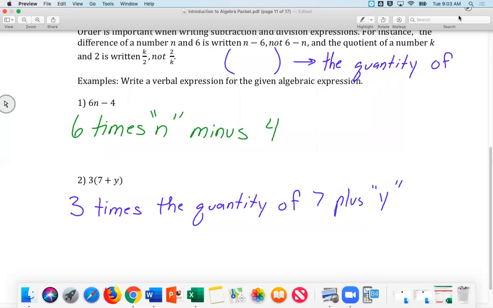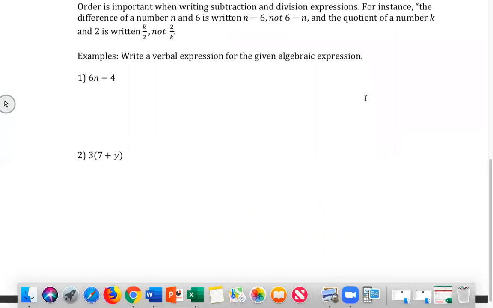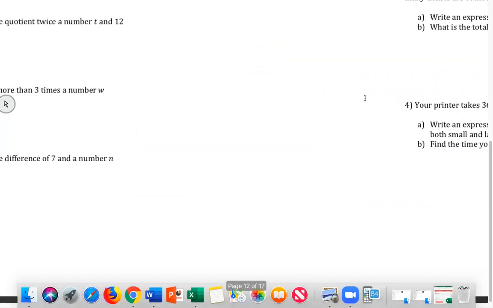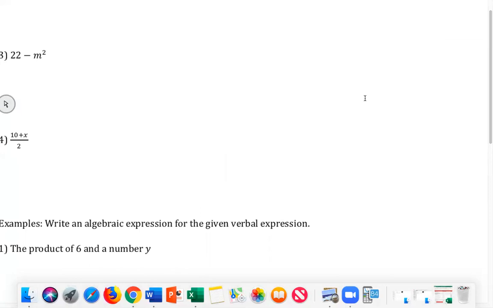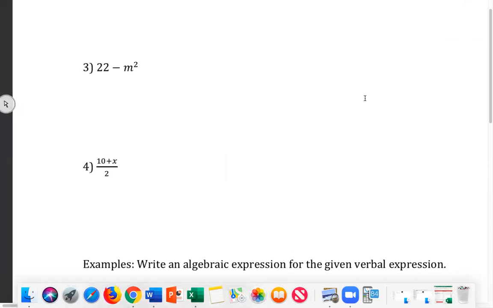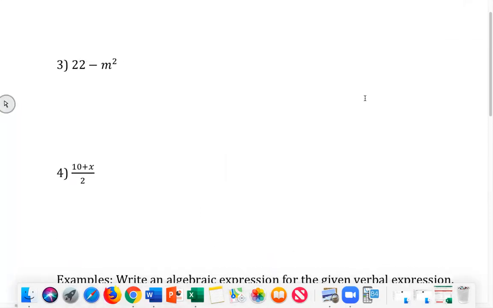Now, I can't give you every little trick or hint to do these problems. Some of them are just going to come up and we're going to have to deal with it when they arise. So let's go ahead and turn the page. Vinny, can you read number 3? 22 minus m to the second power.